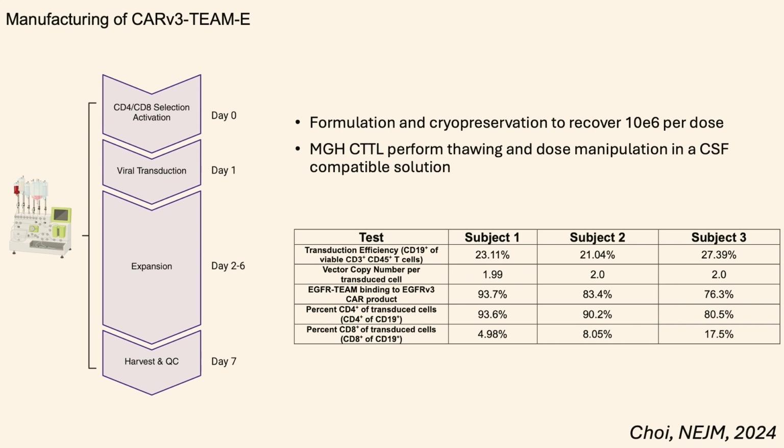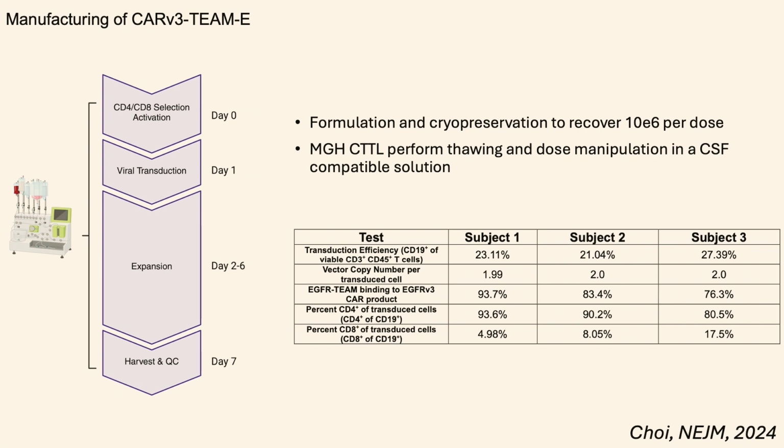And this is the summary of the testing that we conduct on day 7. And we see the transduction efficiency for the first 3 patients that were treated in the trial, along with the vector copy number for the T cells. And also, we evaluate the amount of EGFR that is bound to the surface of the CAR T cells.